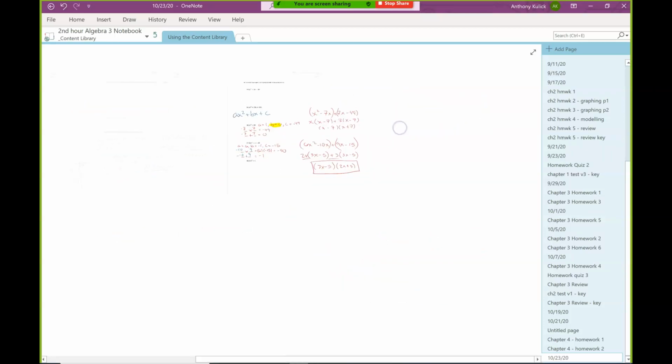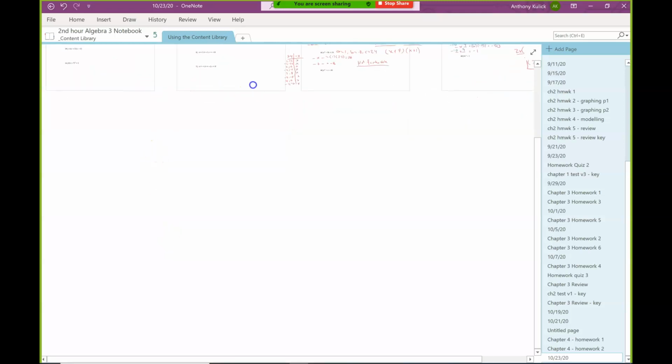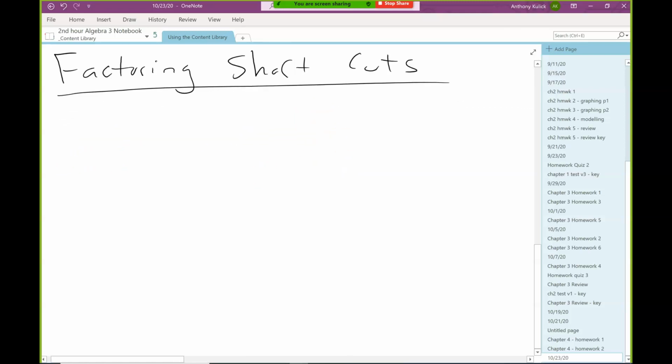Today, we're going to talk about factoring shortcuts. So there's 3 situations where we can avoid having to do all of the algebra for the full method.